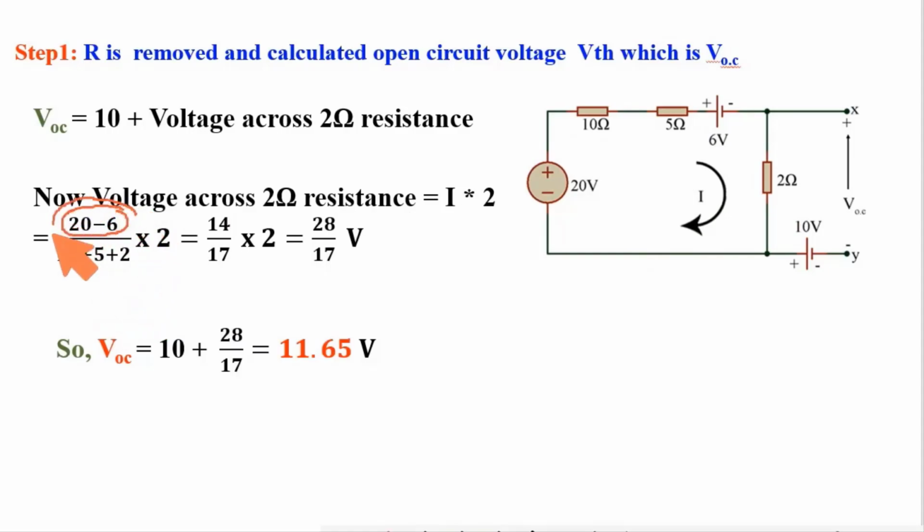So this portion is the current, multiplied by this 2 ohm, ultimately I got 28 by 17, that is the potential drop across this 2 ohm resistance. That will be added with this 10 to get this VOC. So ultimately this VOC is 10 plus 28 by 17, I got 11.65 volt. This is VOC or Thevenin voltage.